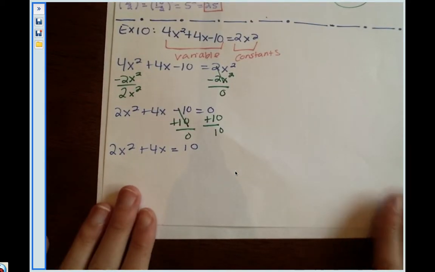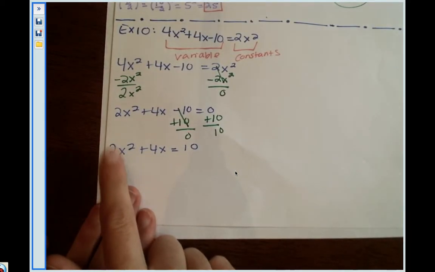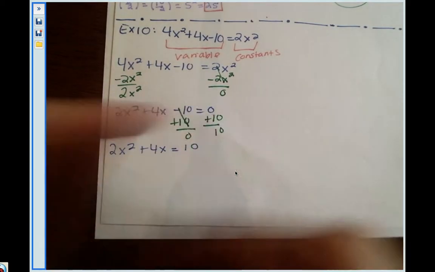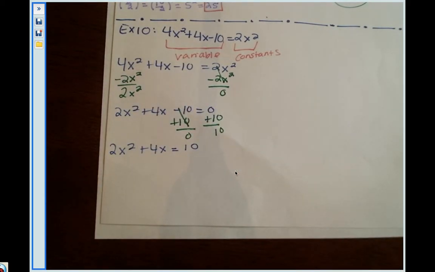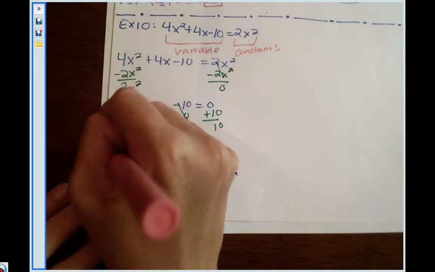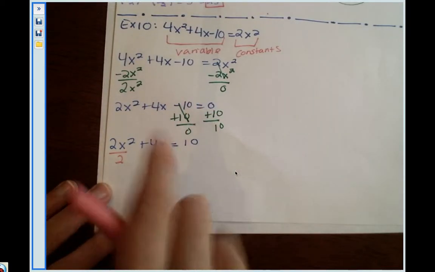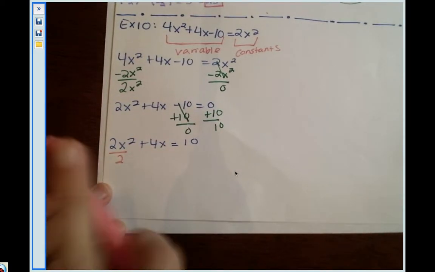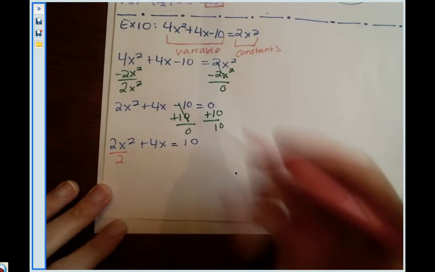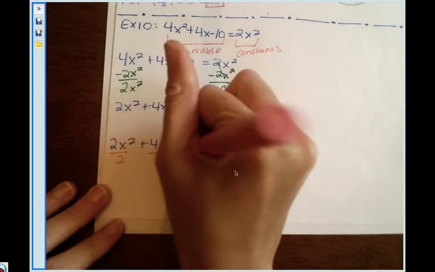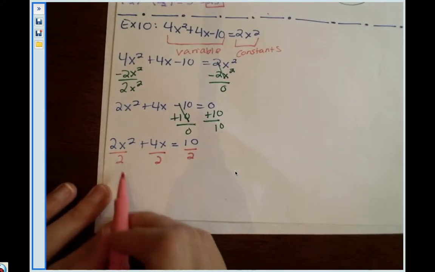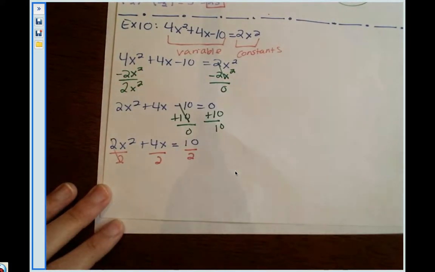What can I divide 2 by to transform it into a 1? I can divide that by 2. I'm going to divide this by 2 to force that bad boy to be a 1, but I can't just do it to one term. If I do it to one term, I got to do it to all my terms. So I'm going to divide all of these by 2. 2 divided by 2 will cancel and turn to 1.